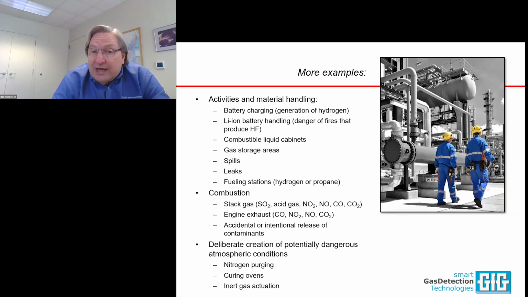Combustible liquid cabinets, gas storage areas, spills, leaks, fueling stations, either hydrogen or propane, all of these are commonly found at industrial sites. And if you're doing work around this equipment and you're in an area where you have these concerns, then that needs to be folded into your atmospheric monitoring plans and equipment as well.